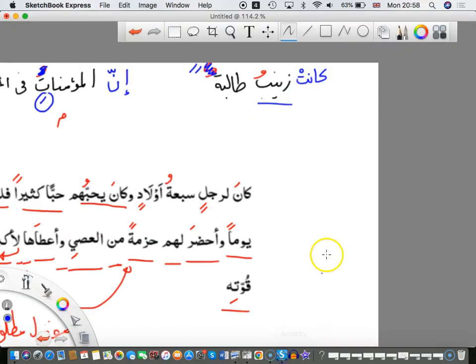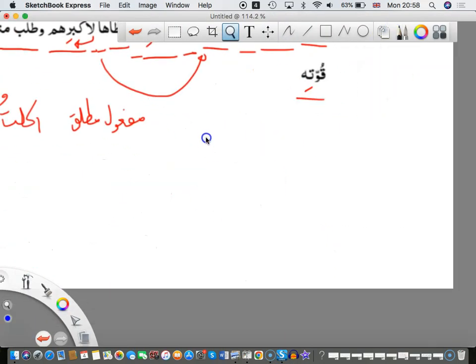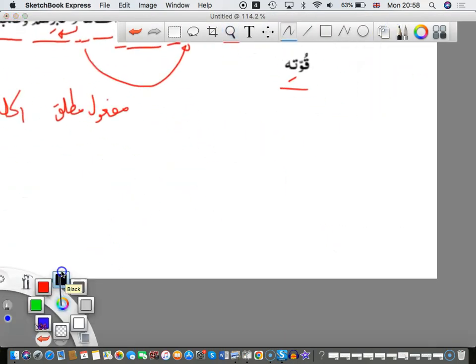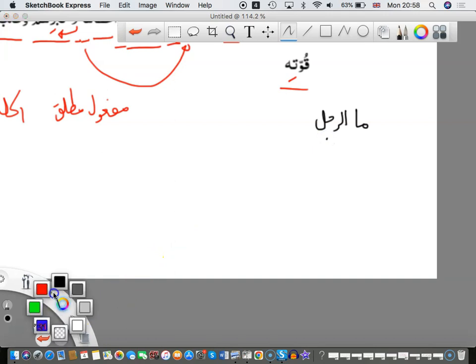So okay. Let's have a look at this one then. So ma ar-rajul. Let's add the vowels first. Okay, what are the vowels? Do we need to add a vowel onto ma? Okay, what vowel do we add to rajul? Single dhamma, yeah?